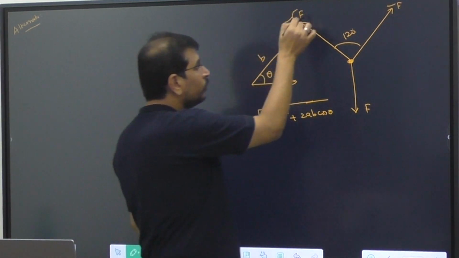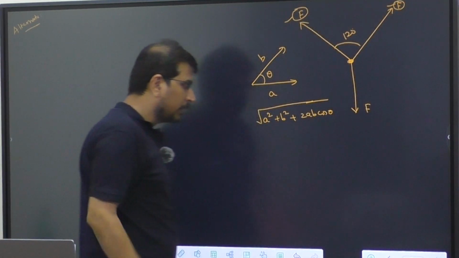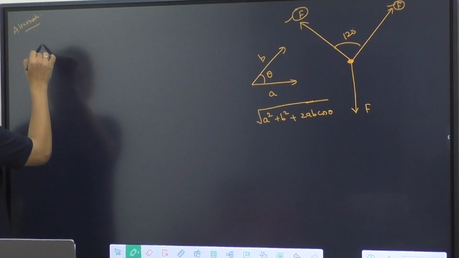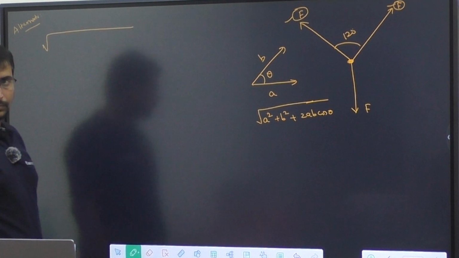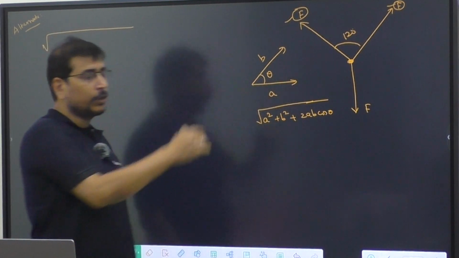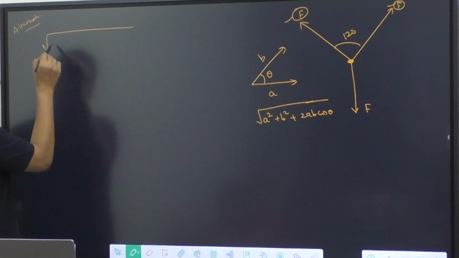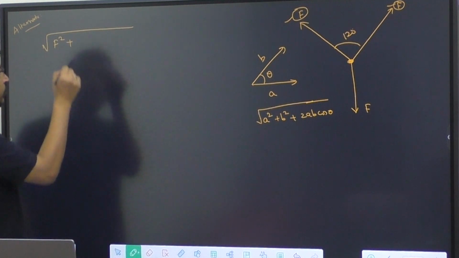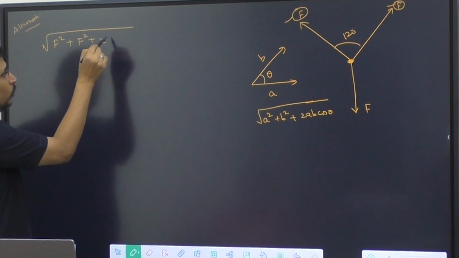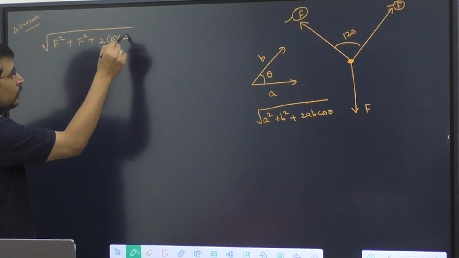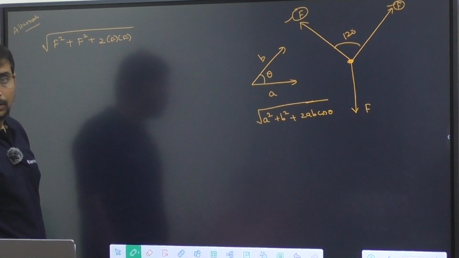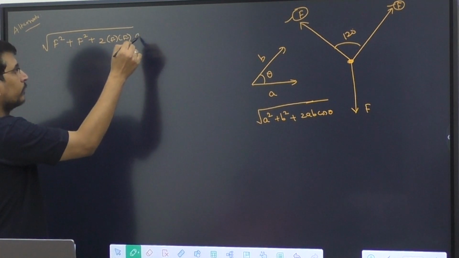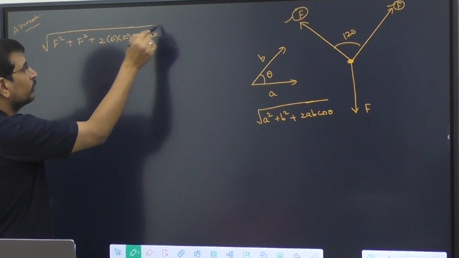Now, for this one, can you tell me how to apply this? Square root of, in the place of A, what do you have? F square. In the place of B, what do you have? F square plus 2 into F into F. So what is cos 120?